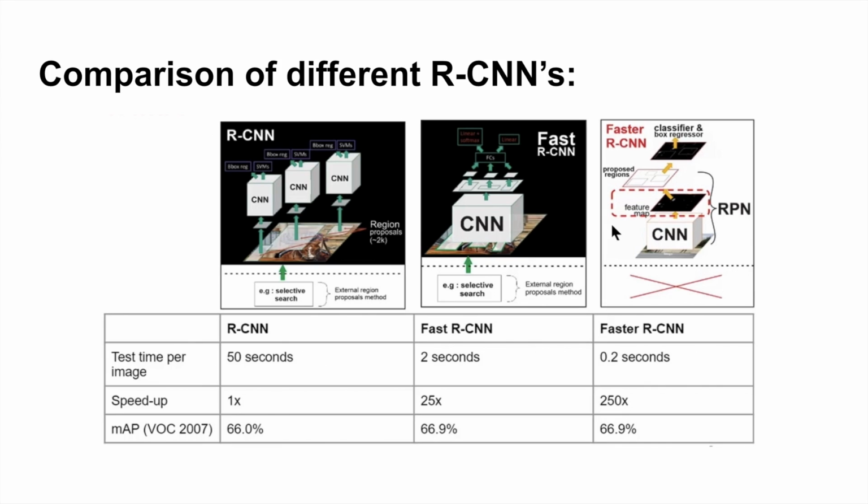Here we have a comparison of RCNN, Fast RCNN, and also Faster RCNN. Both RCNN and Fast RCNN use selective search to find the region proposals. Selective search is a slow and time consuming process, which affects the performance of the network.